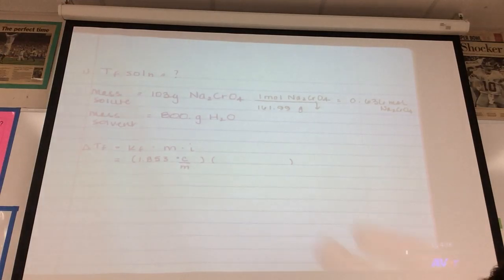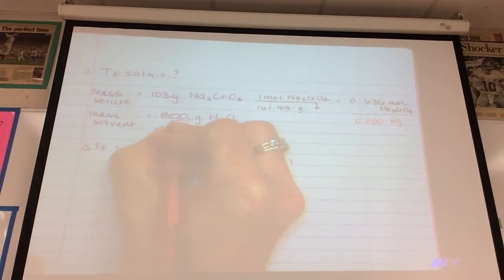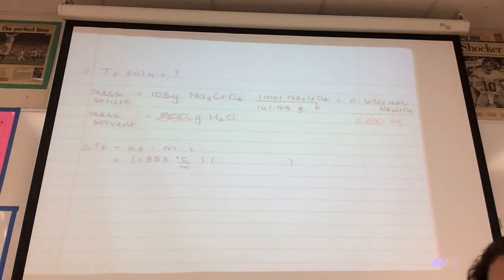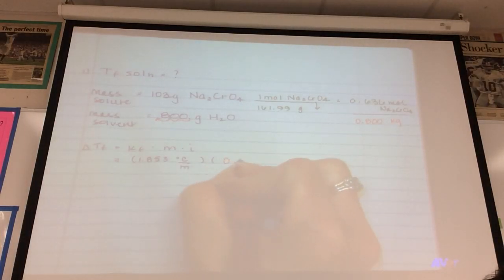You better not. What are you going to divide it by? In kilograms, right? Move the decimal 3 to the left. So 0.636 divided by 0.8 is 0.795 molal.